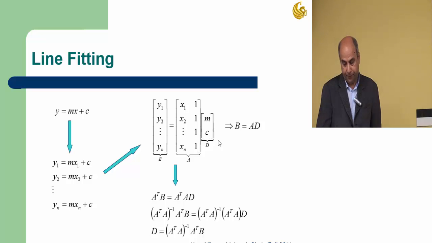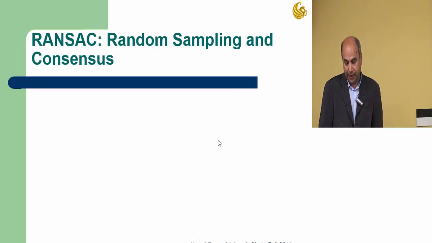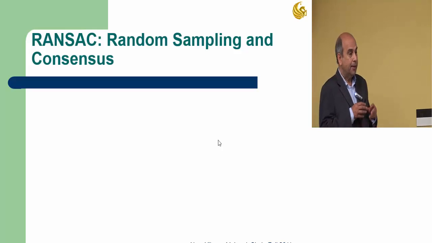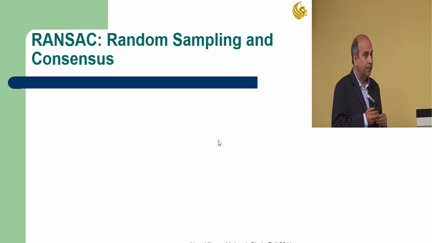So it's very simple. So now RANSAC, again, just to summarize, because we have talked about this, which is random sampling and consensus. This method is very suitable when we have outliers. Outliers means that there are points which actually don't belong to that line, but due to noise they are there, and we don't know which are the outliers.